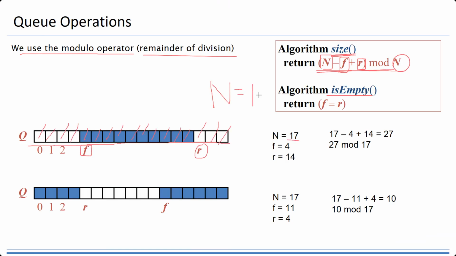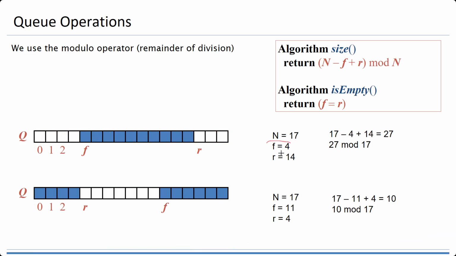There we have 17 slots, or 17 size. Then I check what F is. F is index 4: 0, 1, 2, 3, 4. And then R is at index 14: 5, 6, 7, 8, 9, 10, 11, 12, 13, 14. So this is index 14.